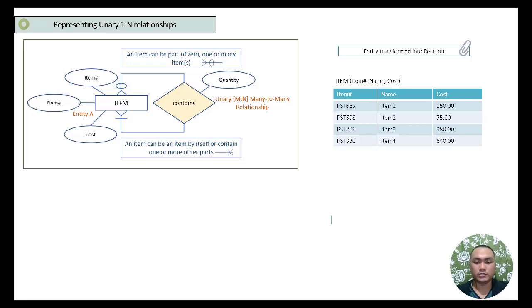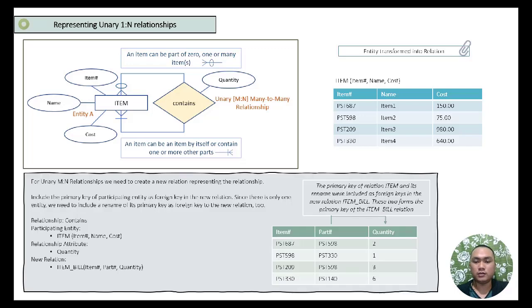So we have the relationship contains. The participating entity is the item with the fields item number, name, and cost, and the relationship attribute is quantity.